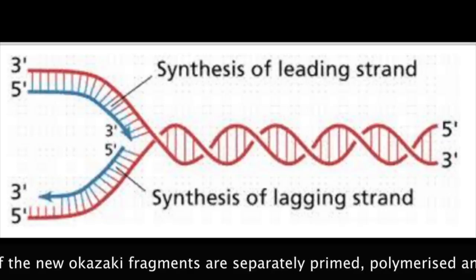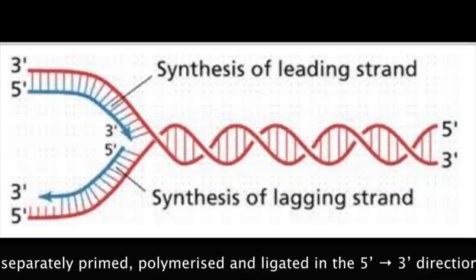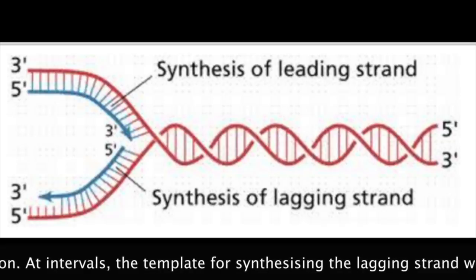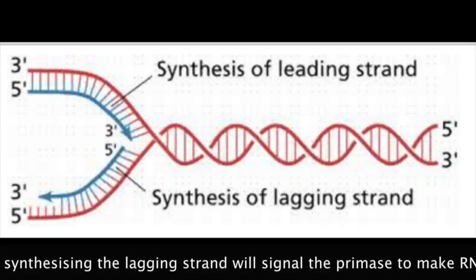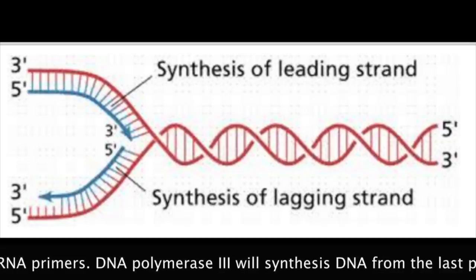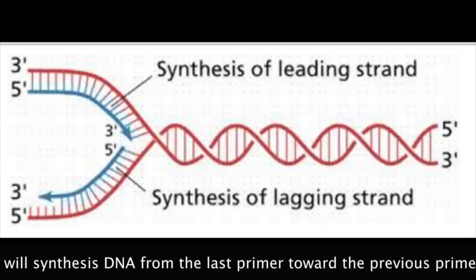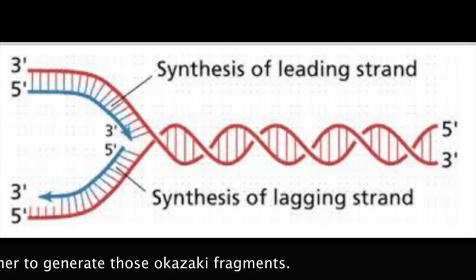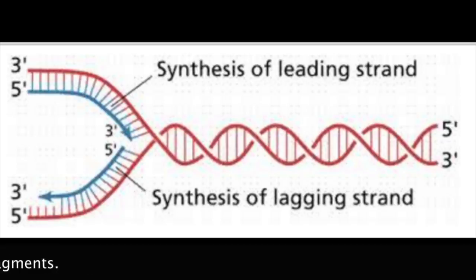Each of the new Okazaki fragments is separately primed, polymerized, and ligated in the 5' to 3' direction. At intervals, the template for synthesizing the lagging strand will signal the primase to make RNA primers. DNA polymerase 3 will synthesize DNA from the last primer towards the previous primer to generate those Okazaki fragments.